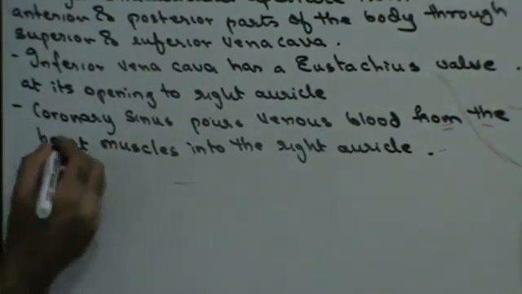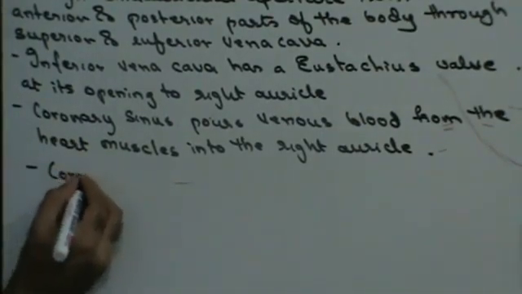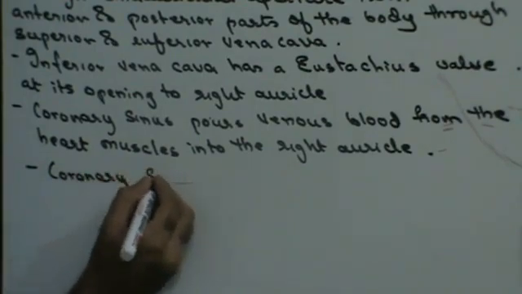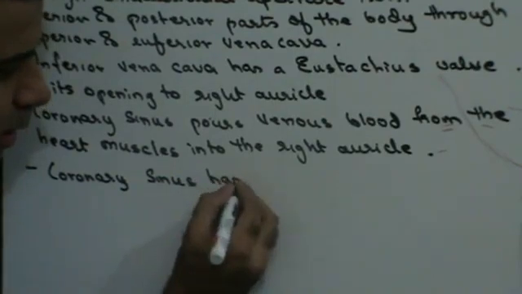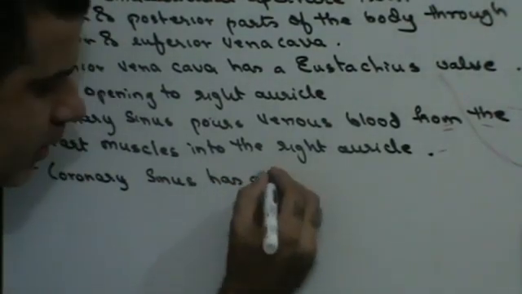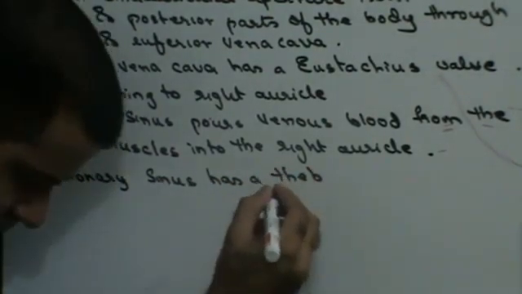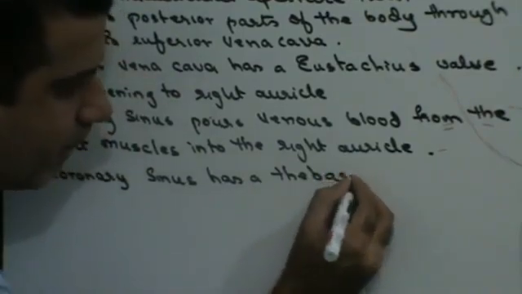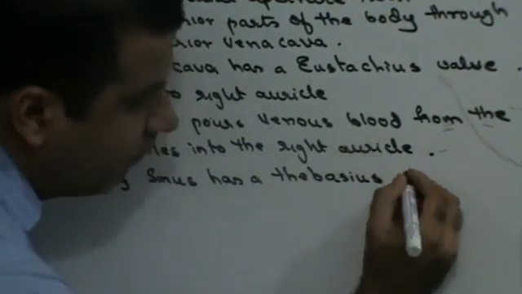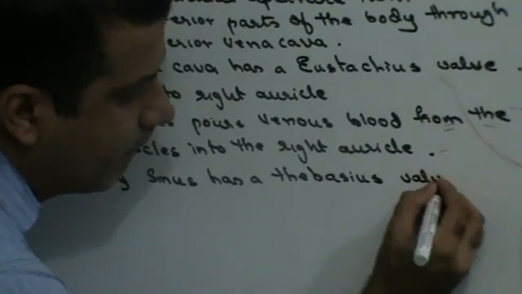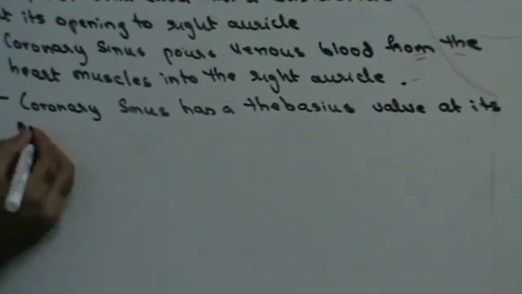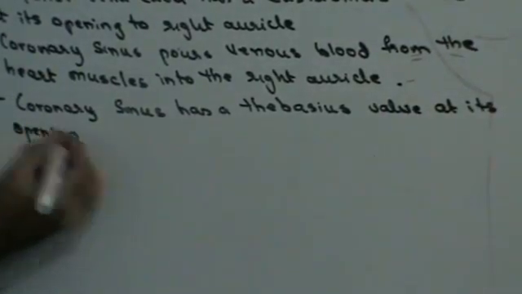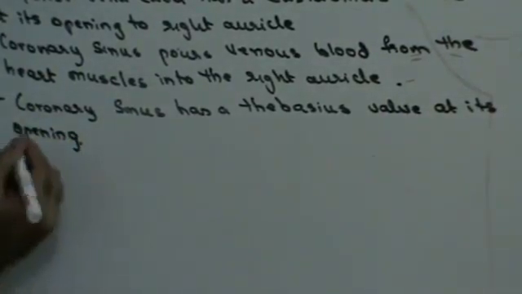The coronary sinus has a valve at its opening. That's your right auricle. Now let's check the left auricle.